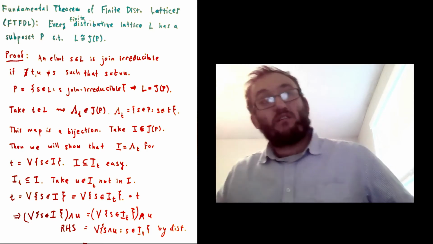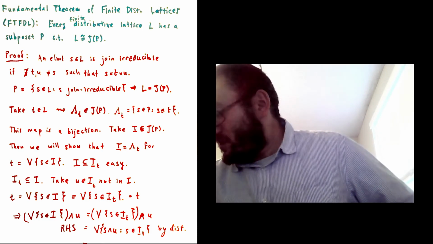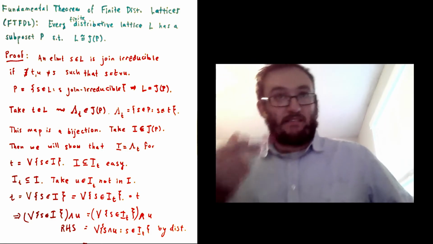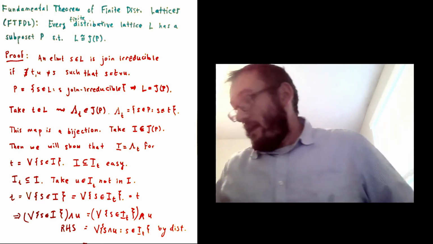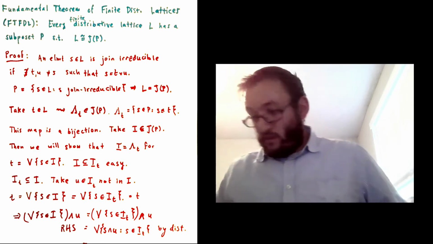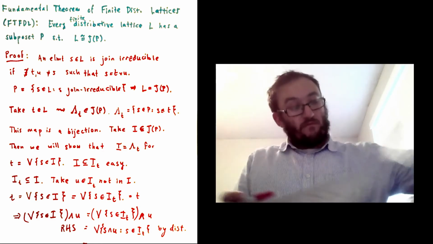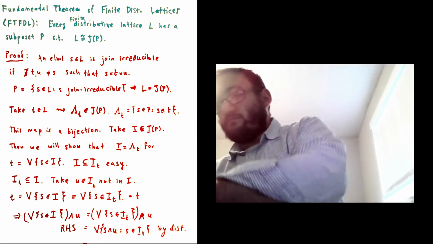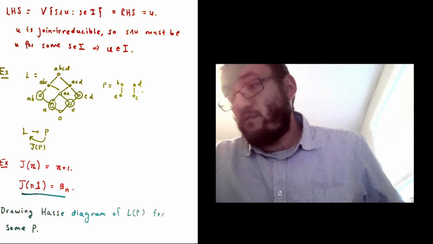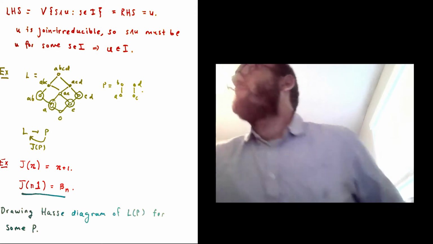And we know that one of those S's is U because U is in IT. So this must be U. Okay, because everything else is at most U, and one of them is exactly U, so taking the join, it must be U. Looking at the left-hand side, we apply distributivity.